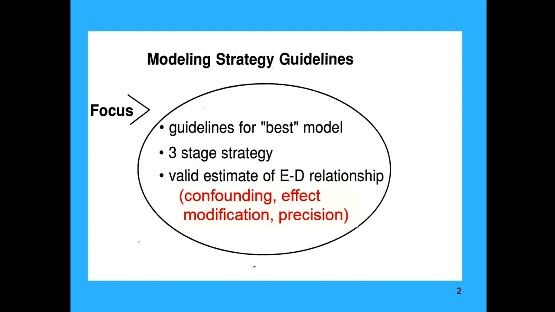One of them is confounding, because this has to do with one of the issues when you're controlling variables. One of them is effect modification, or statistically, interaction, and the other is precision.